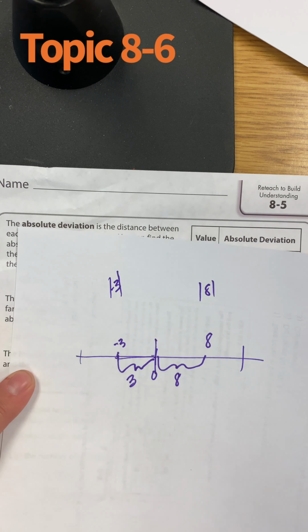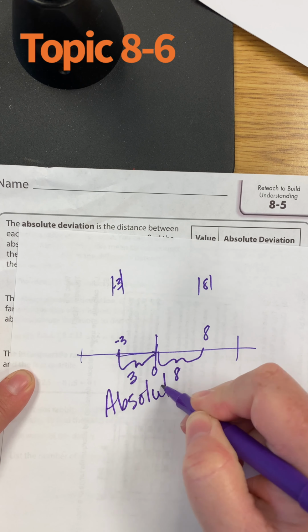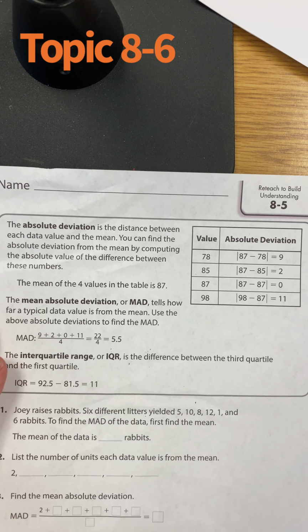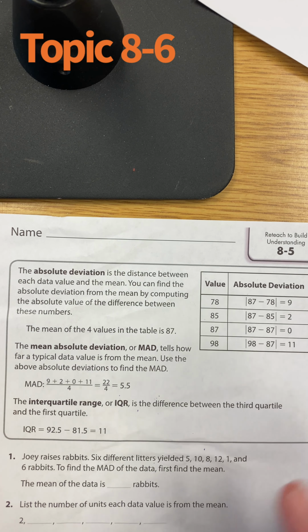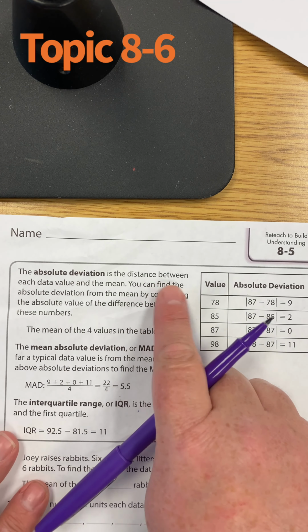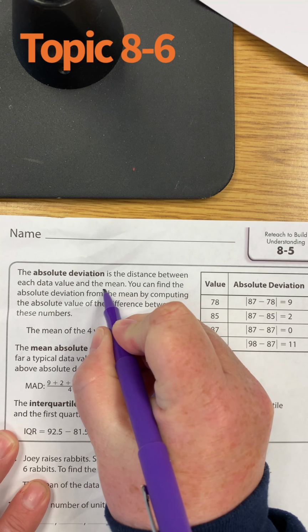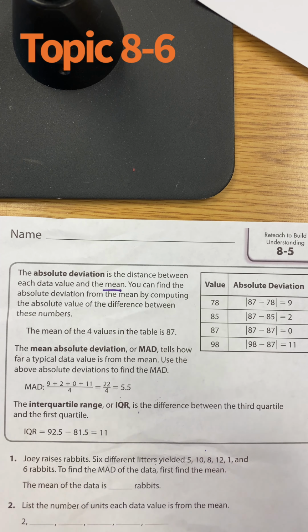So with that little reminder of absolute value, now let's take that to absolute deviation. With this, you can think of it as the distance between each data value and the mean. You can find that by computing the absolute value of the difference between those numbers.